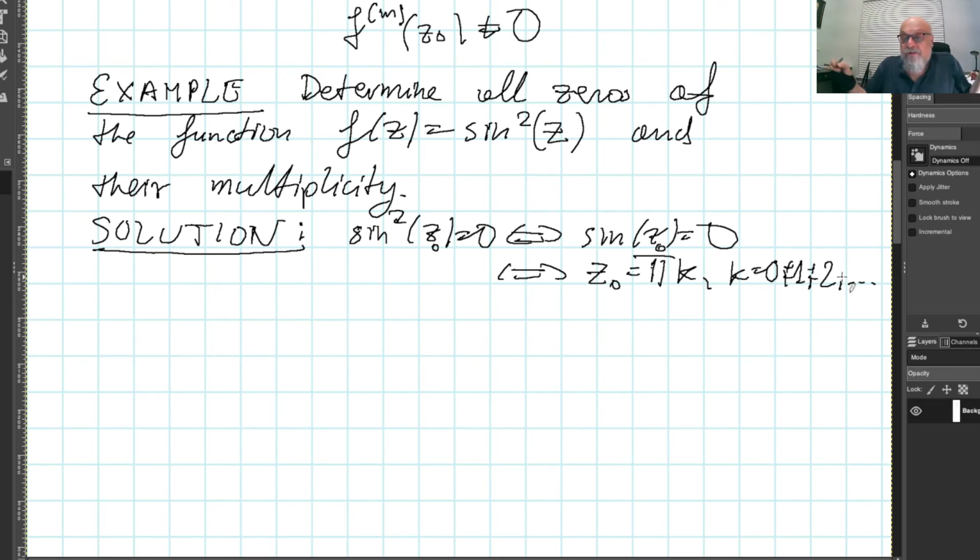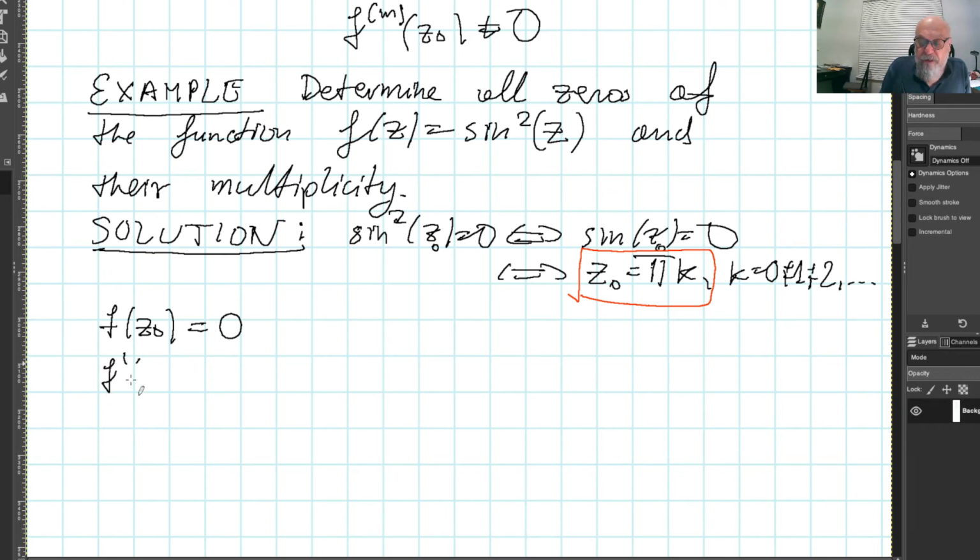So the first part, determine the zeros, is easy. Let's take any of those zeros and find out the order of the zero. This is my zero z0, and I know already that this is true. Now let's compute the first derivative.